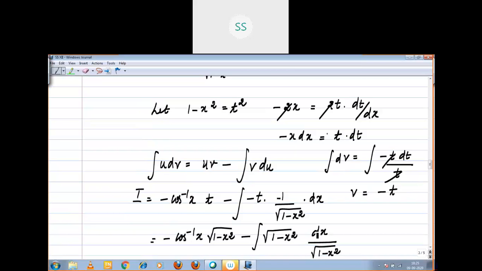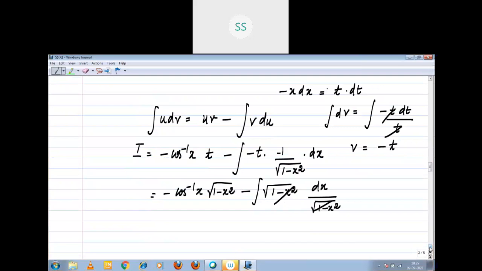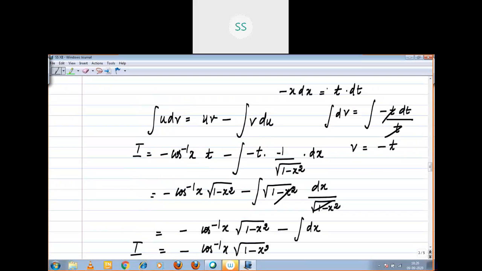Now this and this cancel. Which is equal to minus cos inverse x root of 1 minus x square minus integral dx, which is equal to minus cos inverse x root of 1 minus x square minus x plus c.